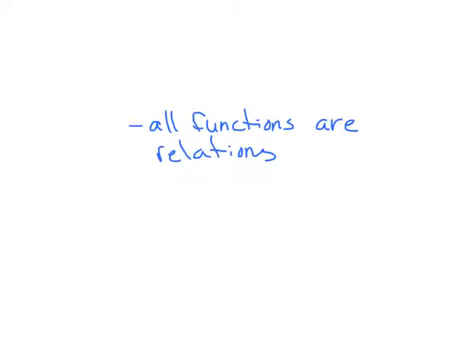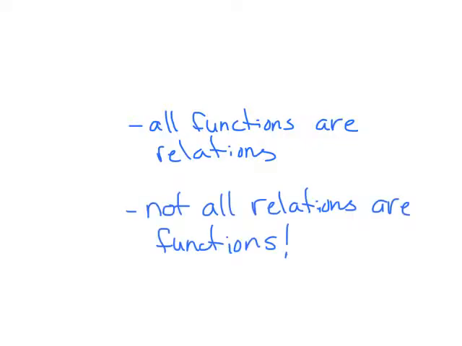All functions are relations because the relation doesn't have any particular pattern. You're just tying an x with a y and grouping them together. However, not all relations are functions because we have to have the criteria that every input has only one output.